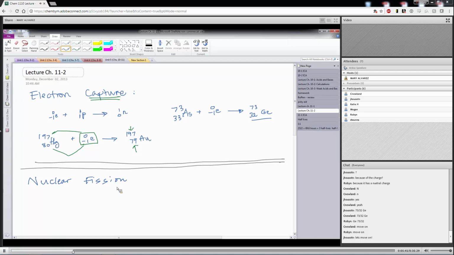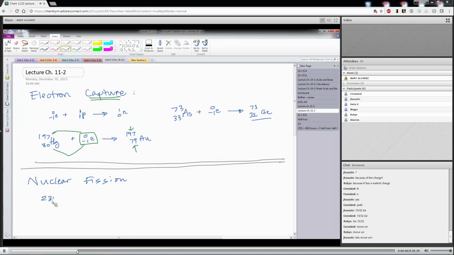It's just too big. And so it just splits up into more than one additional nucleus. Sometimes this occurs spontaneously, and sometimes we can encourage it to happen by bombarding a heavy nucleus with something like a neutron. So for instance, here's an example.